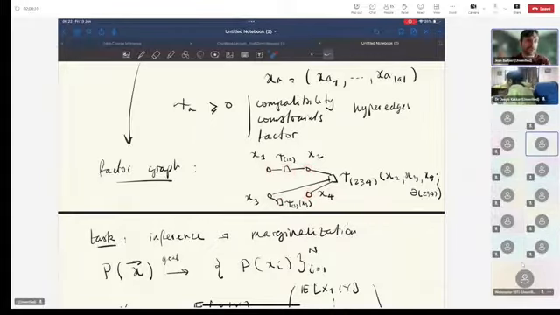For example, the coloring problem, which is a hard combinatorial optimization problem, tells you that if two nodes are connected, then they cannot take the same color. Let's say you have 4 possible colors, so 4 possible values for each variable, and you are enforcing that if two variables are connected by an edge like this, they cannot take the same color. And you're looking for configurations that verify this.